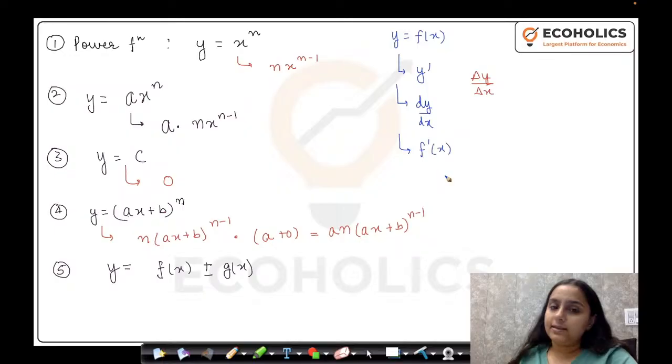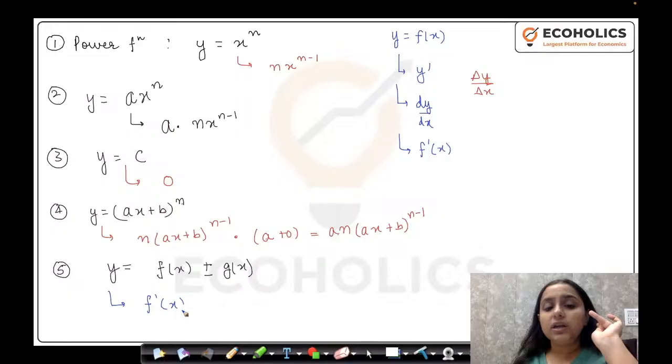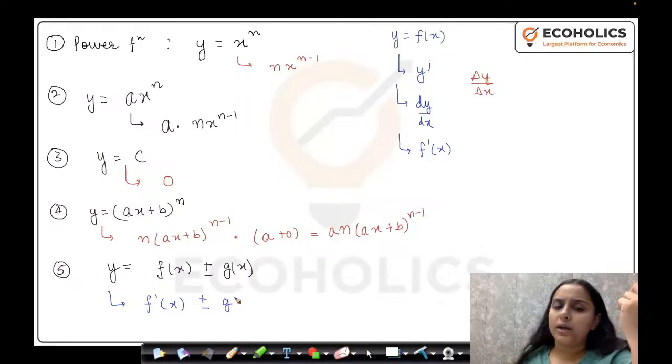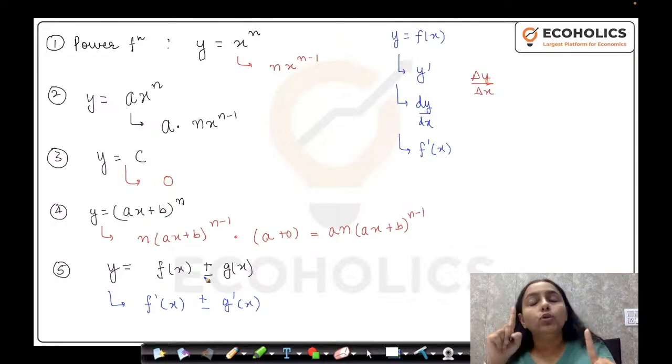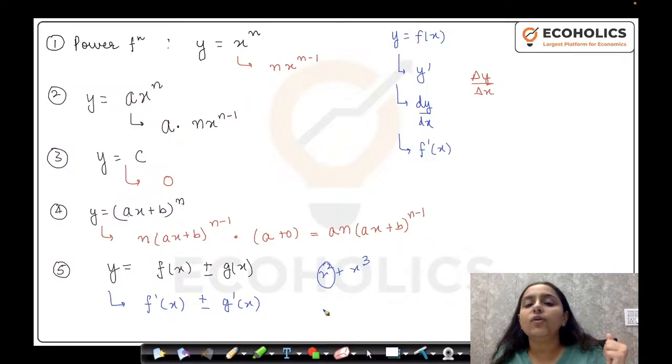Okay, like this. So if you have two functions in addition or two functions in subtraction, the derivative is their individual derivatives, plus or minus, whatever it is. So if I have two functions in addition, I do the derivative separately and I add it. So there is no effect basically. So for example, if I'm writing x square plus x cube, I can do the derivative of x square, which is 2x, plus the derivative of x cube, 3x square. I can do this clearly.